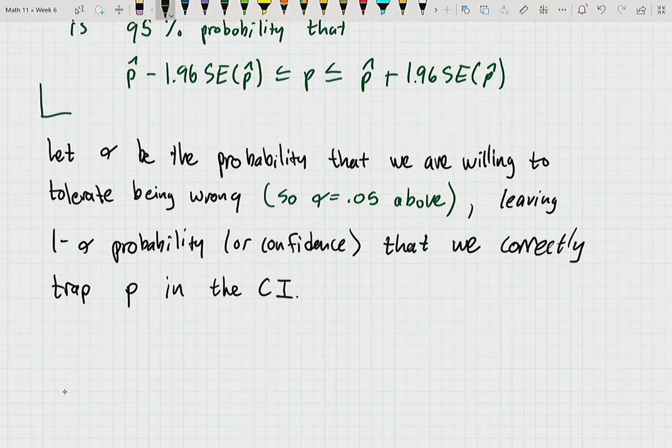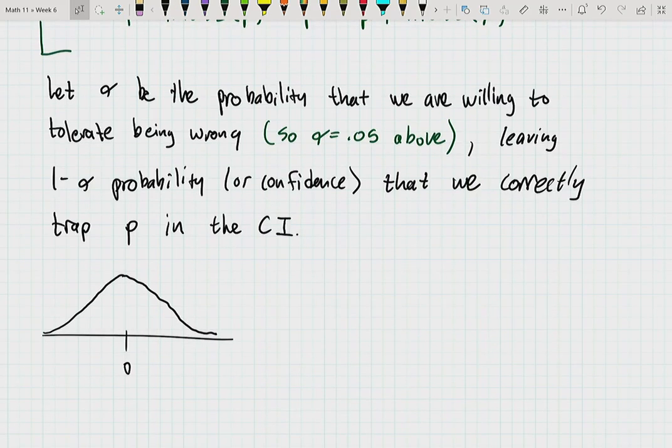So here's a picture. Let's say this is a standard normal, and that this is 0. I want to trap 1 minus alpha of the probability in a certain range. So in here, I need 1 minus alpha of the data.